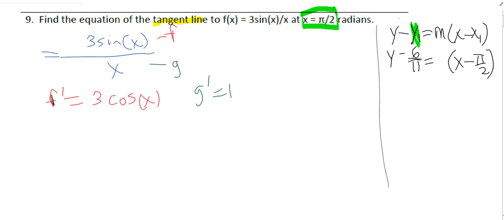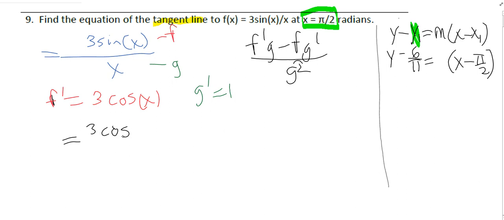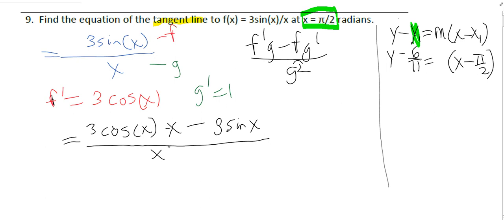So recall, this is just a quotient rule, so we have f prime g minus f g prime over g squared, and that would equal 3 cosine of x times x minus 3 sine of x, and the derivative of g is just 1, so that doesn't change anything, all over x squared.